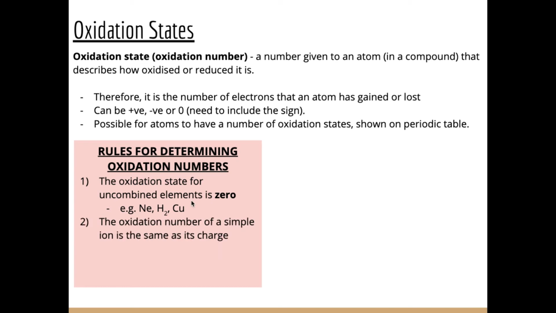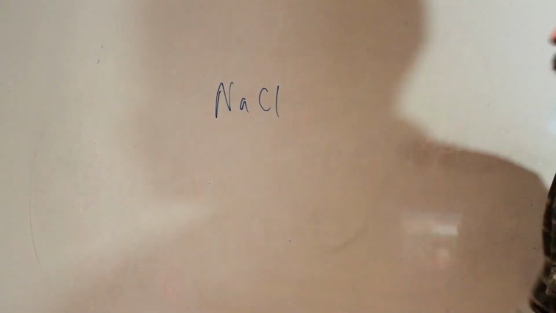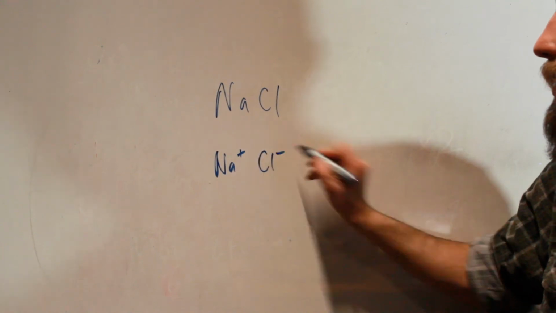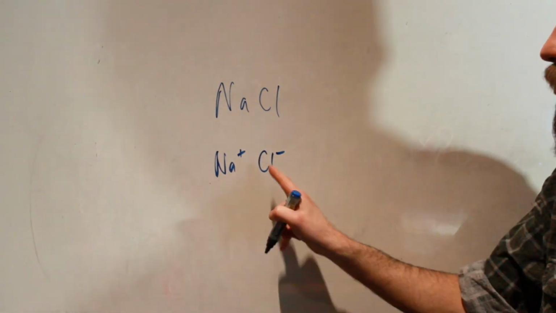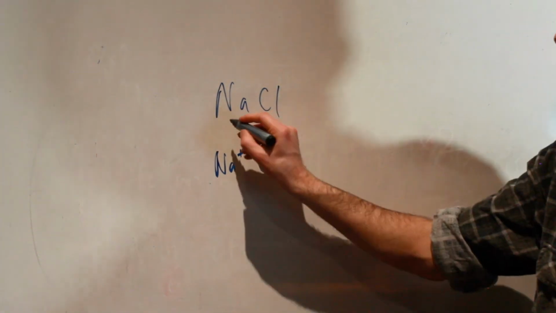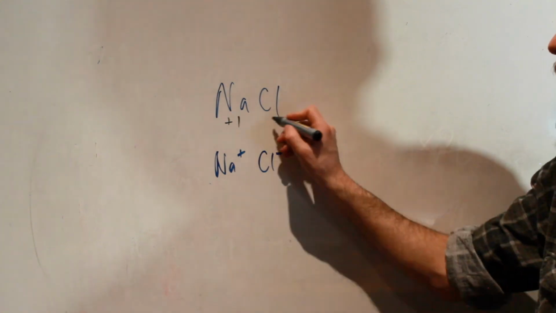The oxidation number of a simple ion is just the same as its charge. For example, sodium chloride. If I have a sodium chloride ionic compound, I know that sodium is an Na+, I know that chlorine is a Cl-, because that's in group 1, that's in group 7. So the oxidation number of my sodium is +1. The oxidation state of my chloride is -1.